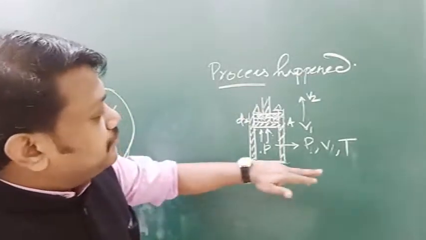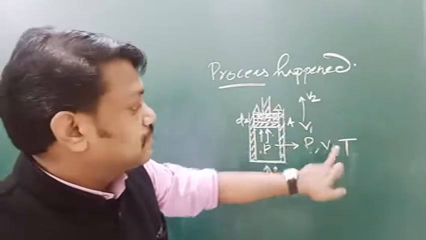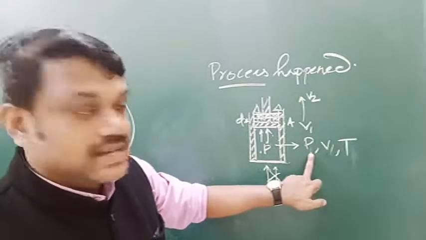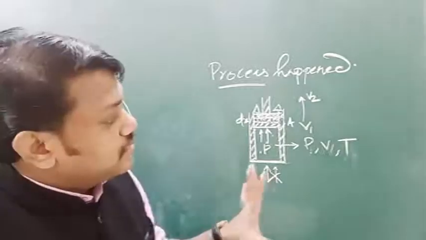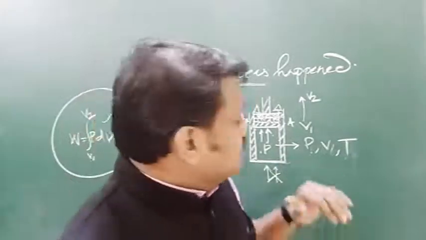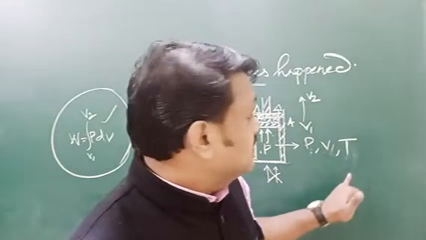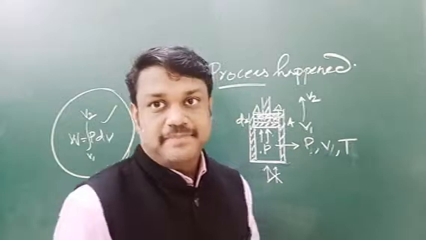And if the volume changes, automatically the pressure changes when the temperature remains constant. If the temperature remains constant, as the volume increases, the pressure decreases. That means at constant temperature, pressure and volume are inversely proportional.